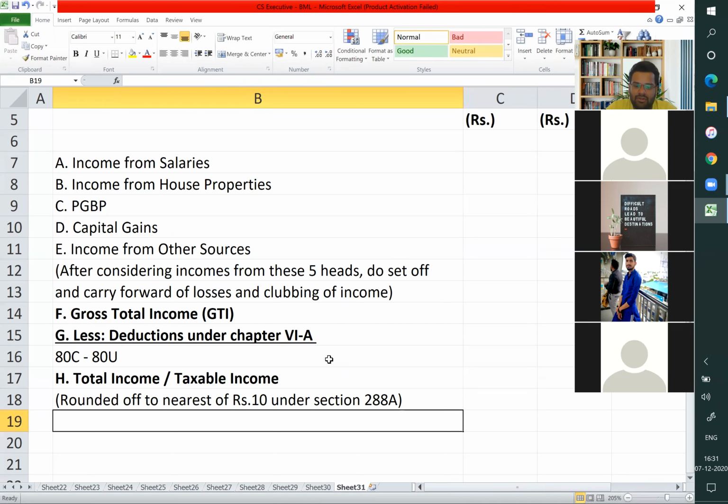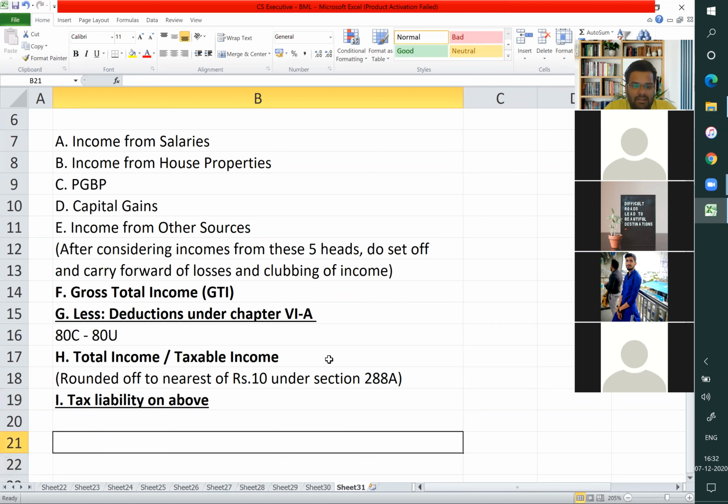And then I should start calculating tax liability on the above. How this tax liability is calculated, I'm not telling you the entire procedure now, but I'm just telling you the source.